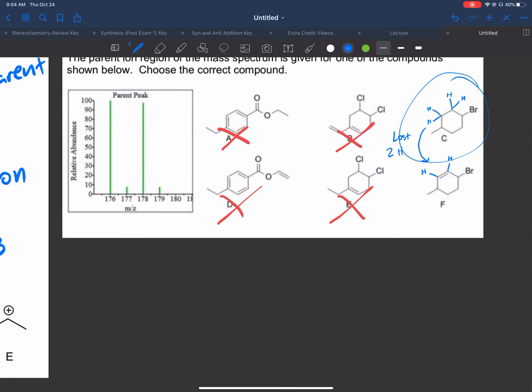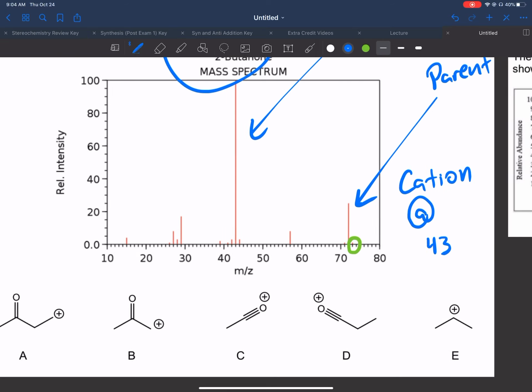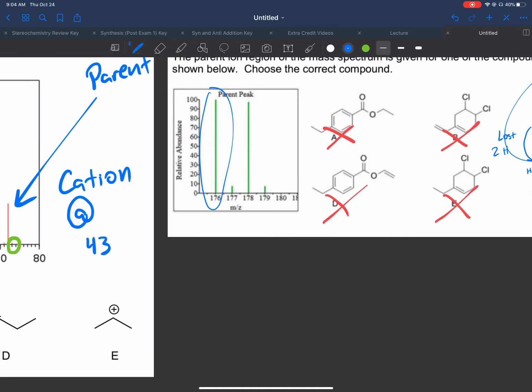Now, because Br has 2 isotopes, either one of them will work. If I pick the lower isotope, I am going to hit 176. Okay? If I hit the lower isotope, if that's what I use to add everything up. If I use the other isotope, the one that weighs more, you'll get this peak.